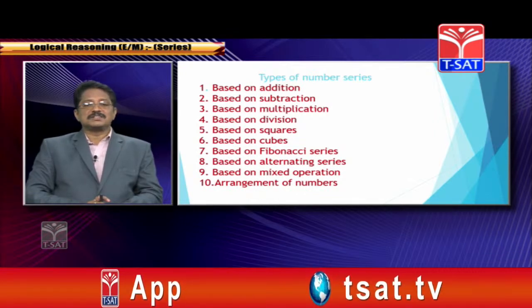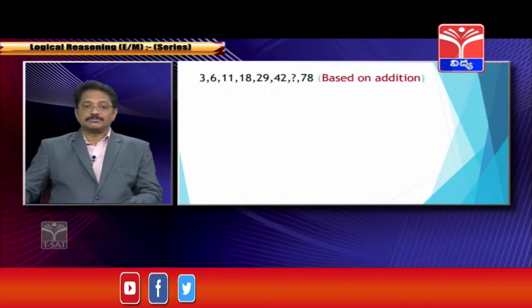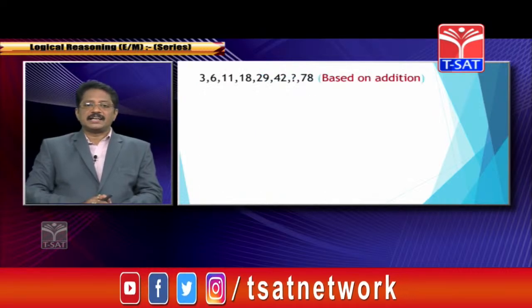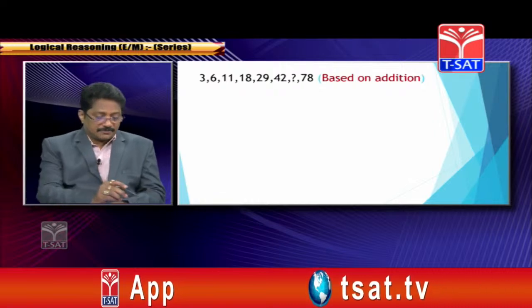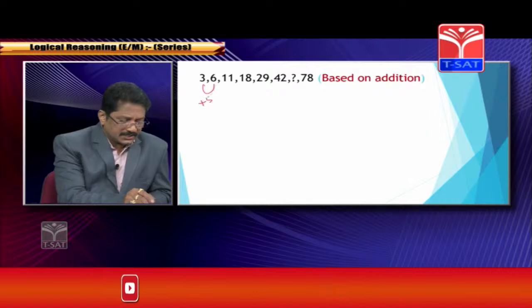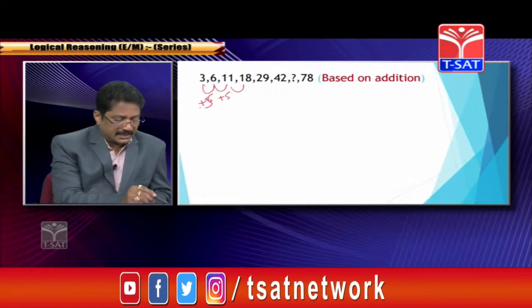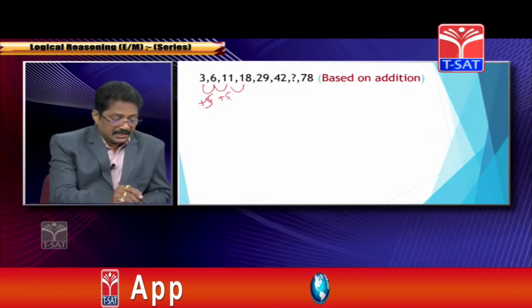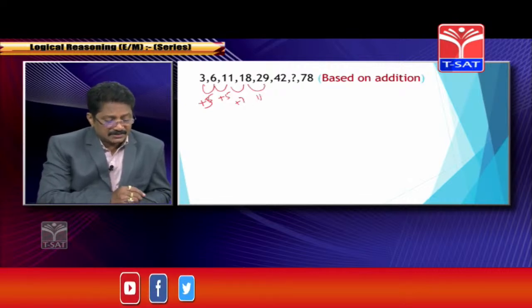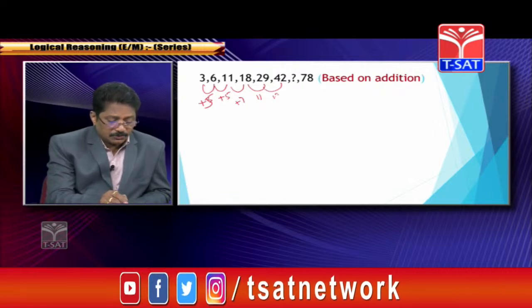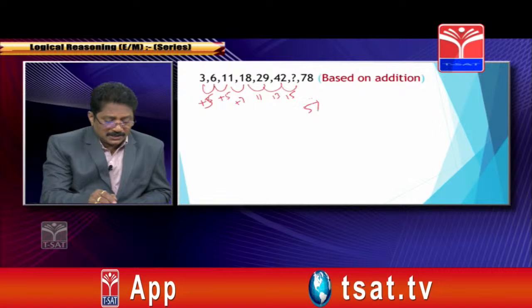So the first one is based on addition, means here the series will go on by using the property of addition. Okay, now we will see 3, 6, 11, 18, 29, 42, which one will comes and 78. So now if you observe it, 3 plus 3 is 6, 6 plus 5 is 11, 11 plus 7 is 18, 18 plus 11 is 29, 29 plus 13 is 42, 42 next odd number 15, means 42 plus 15 means 57 should becomes, correct?